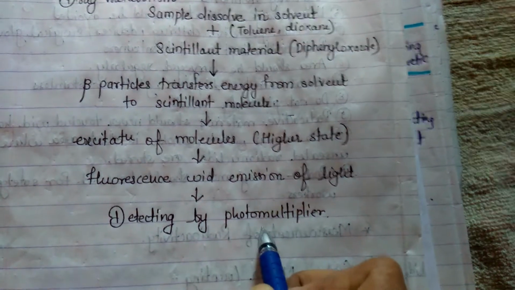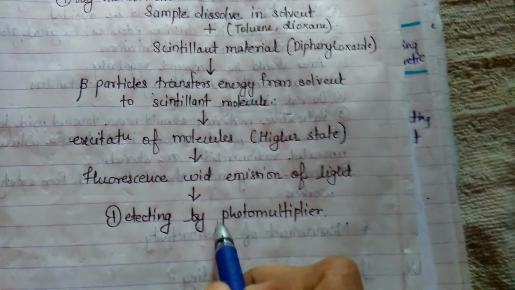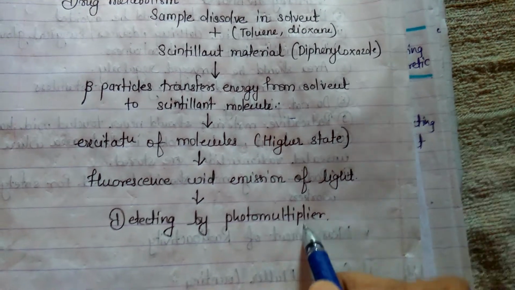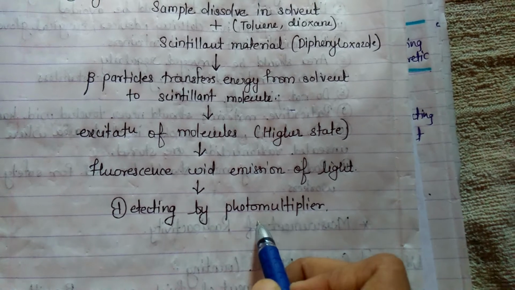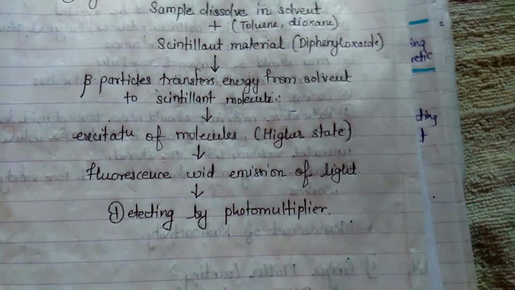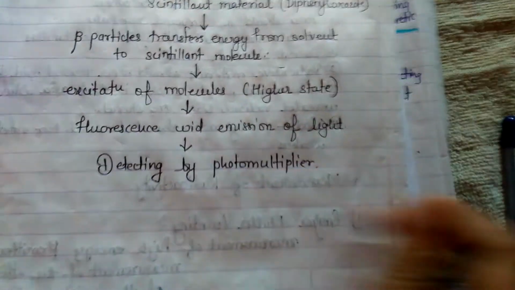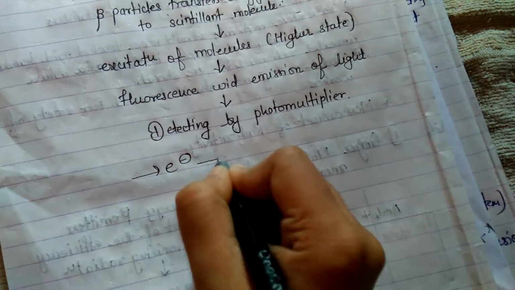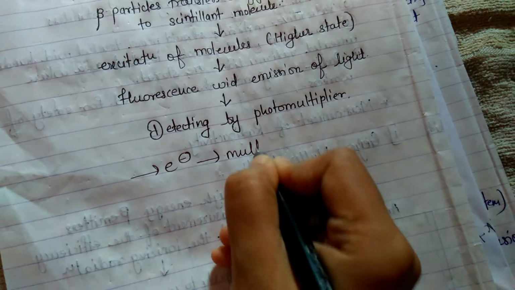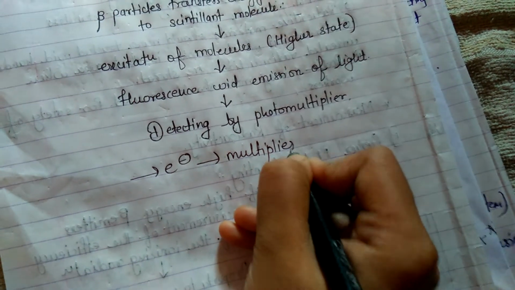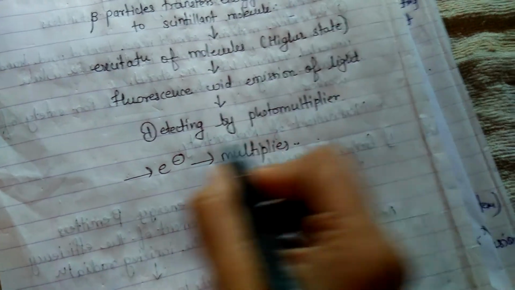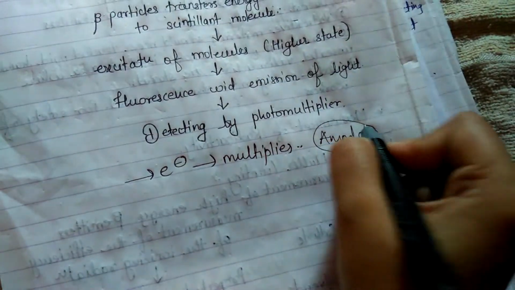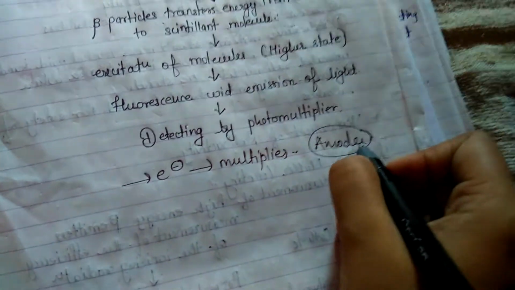As we know the working of a photomultiplier, 6 to 19 dynodes are present in it. First photons bombard the cathode and are converted into electrons, and then the electrons are multiplied with the help of the dynodes. Then the electrons get collected at the anode and detect the efficiency of the ionizing radiation.